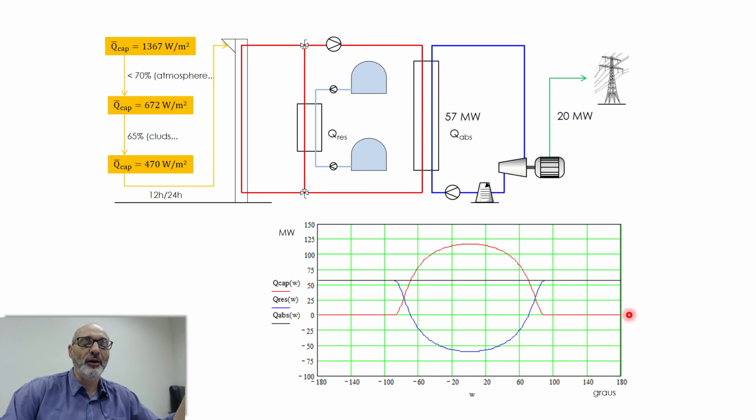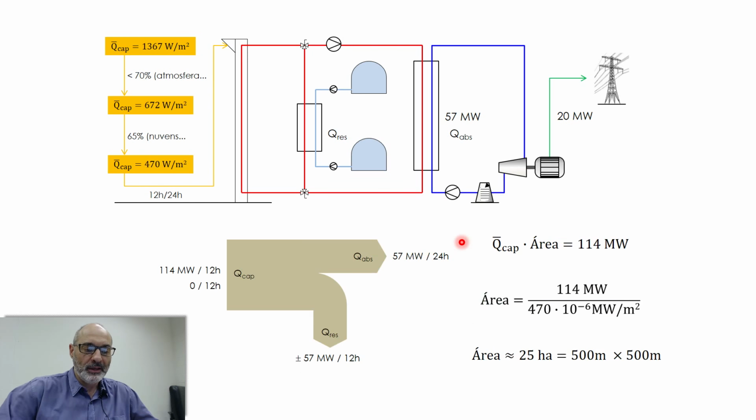This I calculate from all those celestial mechanics formulas, and then the amount of heat that goes to the storage system is the difference, the black line minus the red line, which is the blue line. So this means that during the day I have to generate energy for both the secondary cycle and for the storage system. That's what this number means.